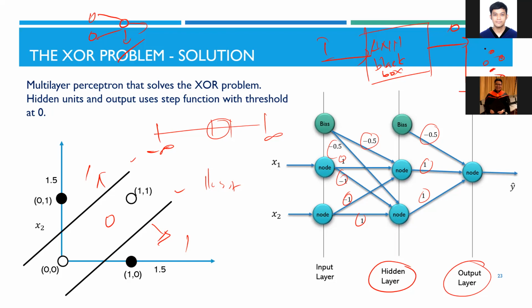This is very complex, so maybe we have more hidden layers because you need more lines. For example, like this, like this, like this. So in this case, we need more lines, more nodes in the hidden layers.